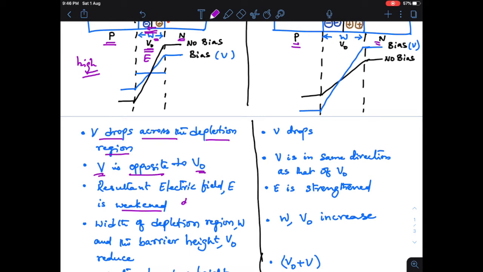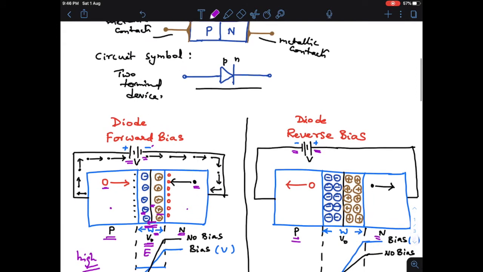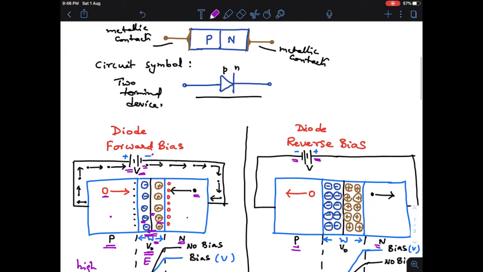Weakened means the strength is decreased. So the width of the depletion region W and the barrier potential V naught decrease. So the effective barrier potential because of the applied voltage V decreases.